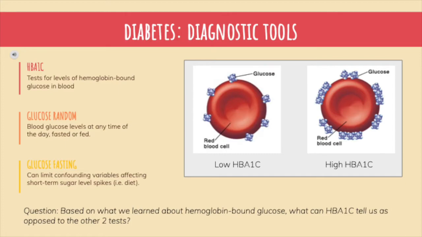The second aspect of diagnostic testing is glucose levels through glucose random and glucose fasting. The main distinguishing factor between these two types of tests is how a patient is tested for it, right? Glucose fasting, as the name says, means you're in a fasted state. You haven't taken any sugar, or you haven't eaten anything before the test, and that can limit variables affecting short-term sugar level spikes, for example, a diet.